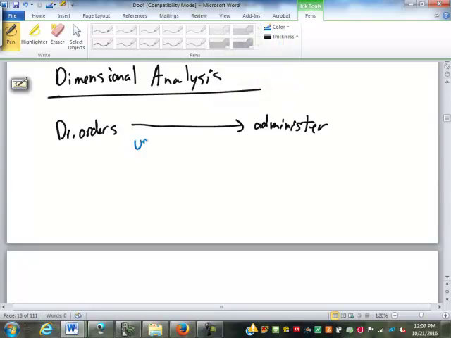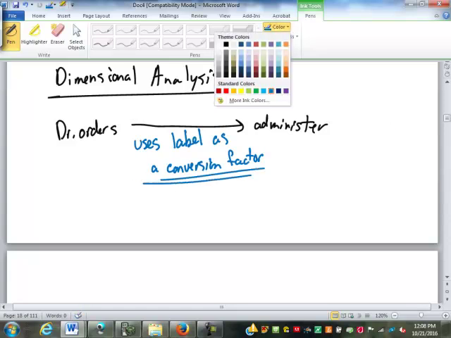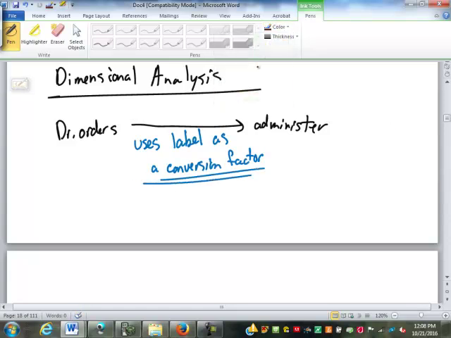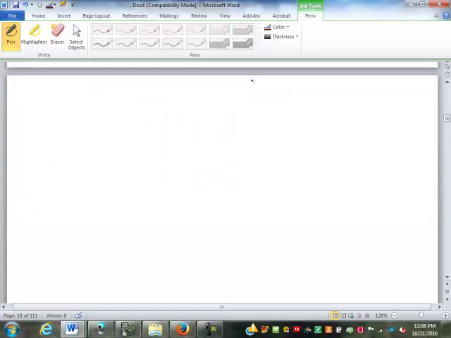It uses the label as a conversion factor. In other words, I'm basically doing just a unit conversion. I'm going to give you an example of dimensional analysis outside of medicine quick, so that you can see how this works.